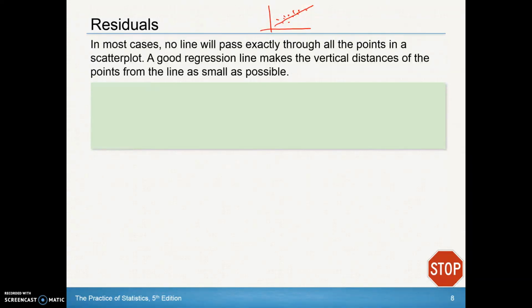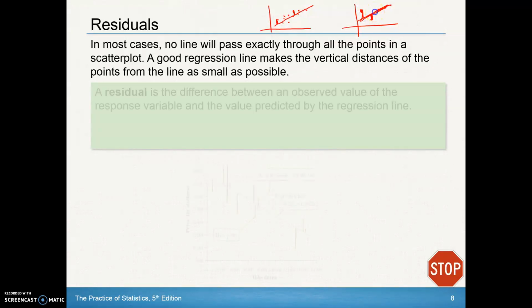So what we want to do is draw this line so that these vertical distances, these distances from the point to the line, are as small as possible. If I draw this a little bit more blown up, I have a line like this, and the vertical distance between the actual observed values and the predicted line should be as small as possible.